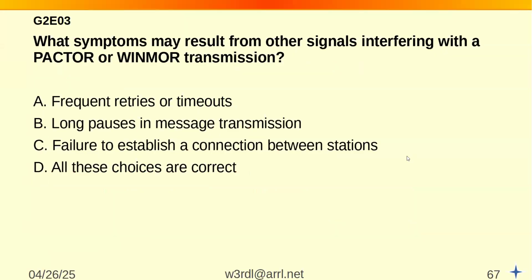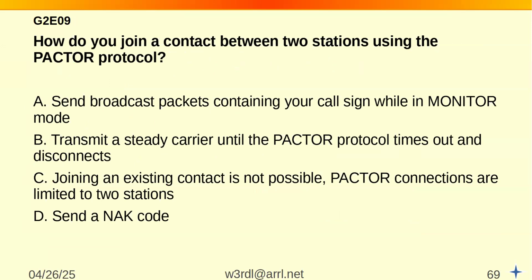So what symptoms may result from other signals interfering with a Pactor or Winmore transmission? How do you join a contact between two stations using the Pactor protocol?